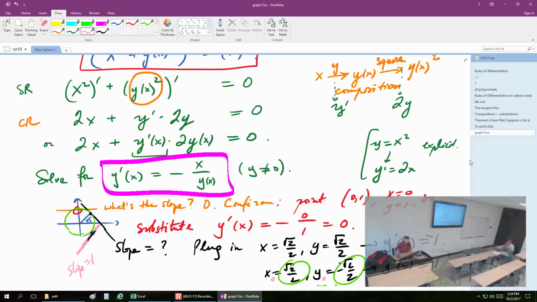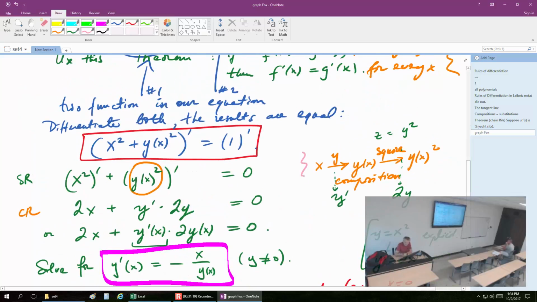This is the tricky part right here: how to use the chain rule when one of the functions is unspecified. Not hard. Remember, when you have two functions in the chain rule, you need both derivatives. And here you don't know one of the derivatives, which is fine. Then you just write y prime. Okay, that's all. So let's do one more.